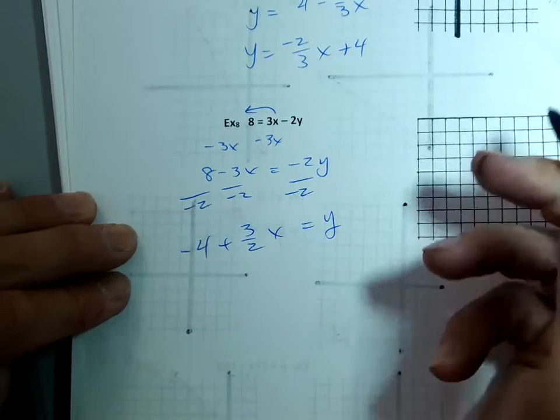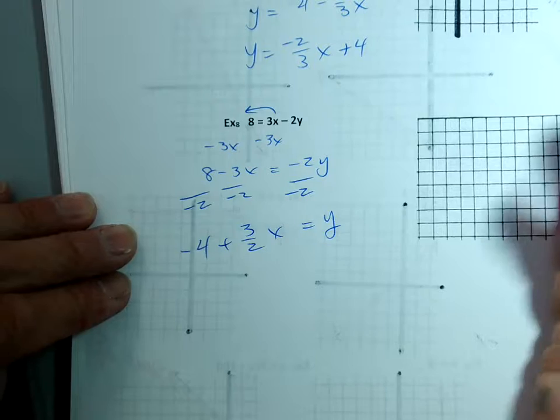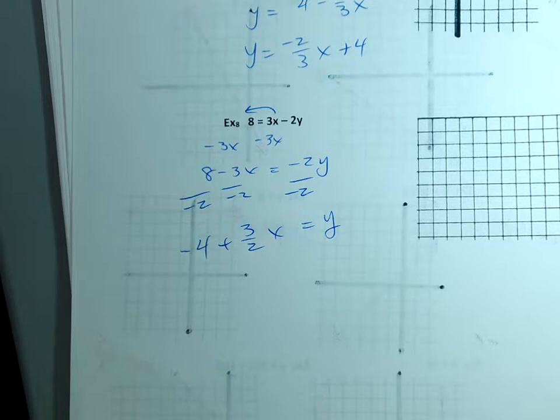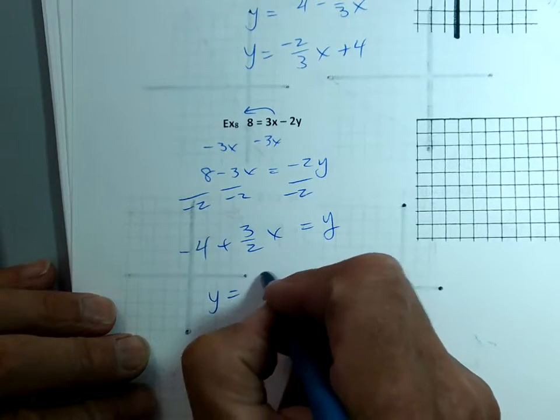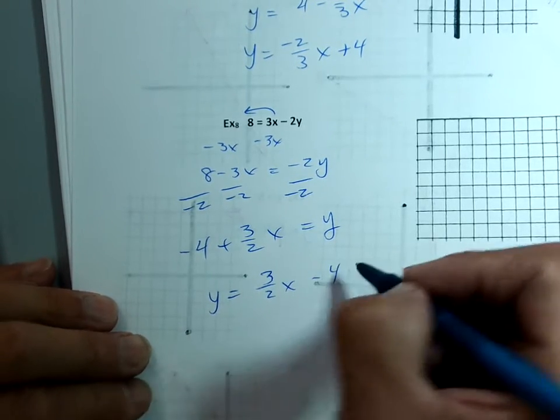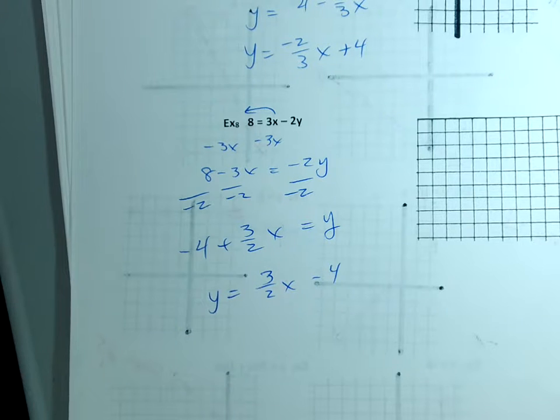Or I can switch it around, because some kids don't like it that way: y equals 3/2 x minus 4, because it's the same exact equation. Again, if I get going too fast, will you please slow me down, okay?